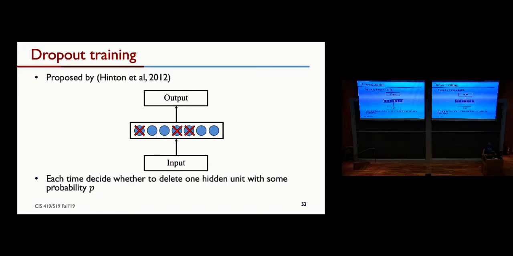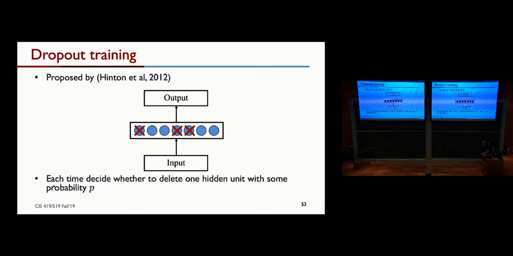People tried that for neural networks, but it didn't really help as much. So there was this technique called dropout training, introduced in 2012, very widely used. Basically, it is used in all networks that you would see around. And the idea is that while training, you don't use the full network.